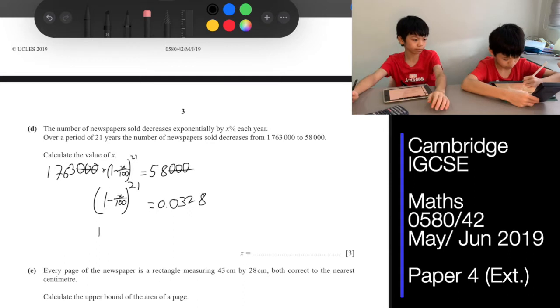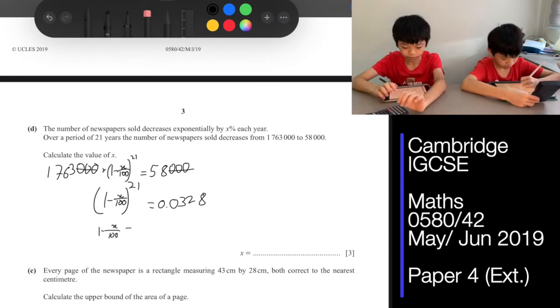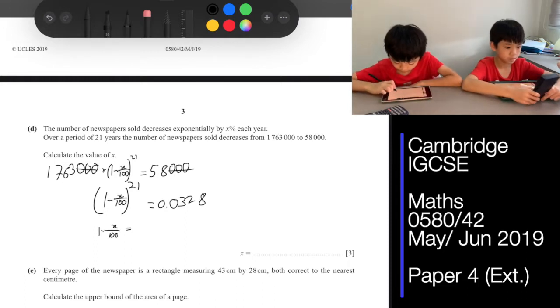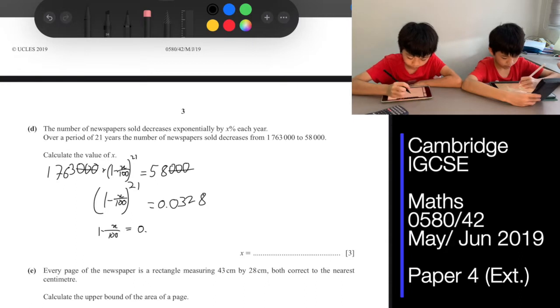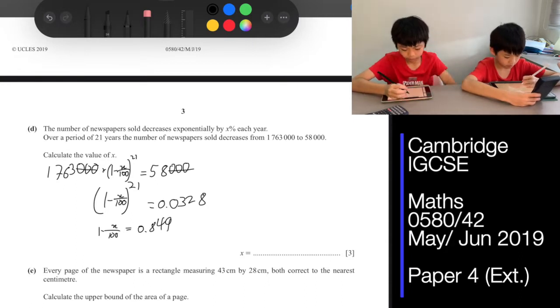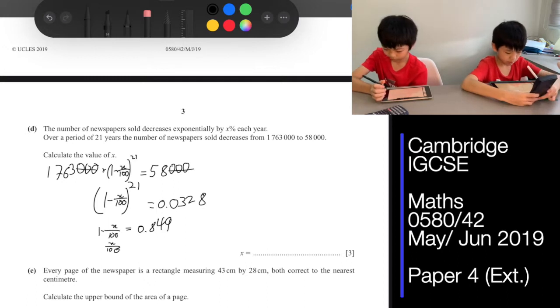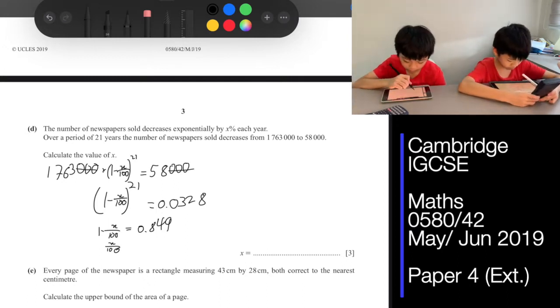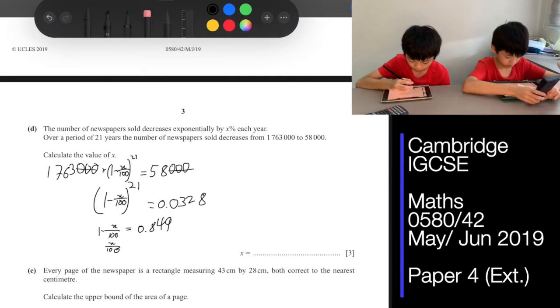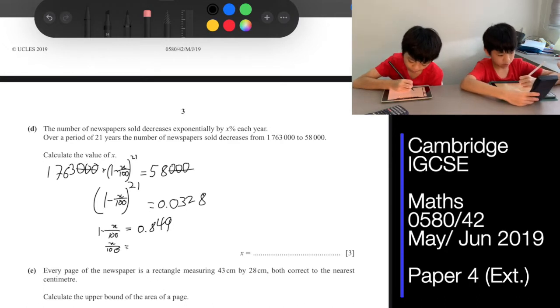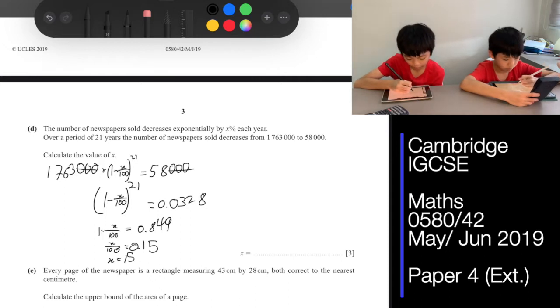And then 1 minus X over 100 equals that to the power of 1 over 21, 0.849. And then X over 100 would be 1 minus 0.849, which is 0.15. So X is equal to 15.